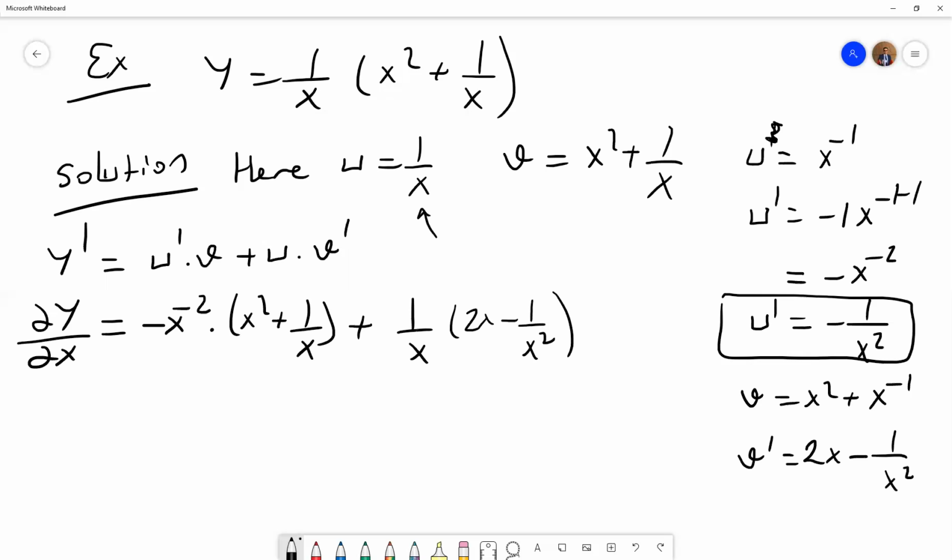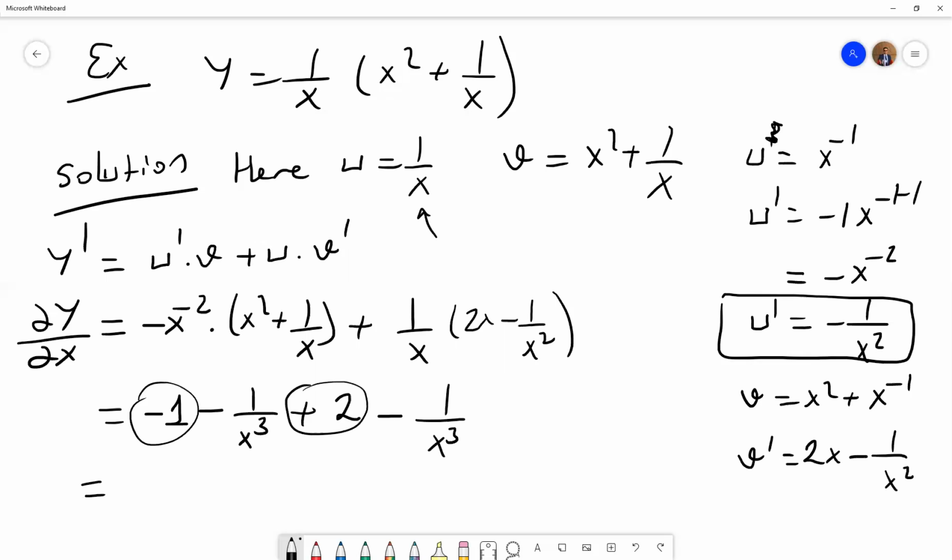Yeah, finally we know that this is minus 1 over x, minus 1 over x cubed, plus 2 minus 1 over x cubed. So finally, from here and here, 2 minus 1 is 1, and the result is 1 minus 2 over x cubed. This is the result of the solution.